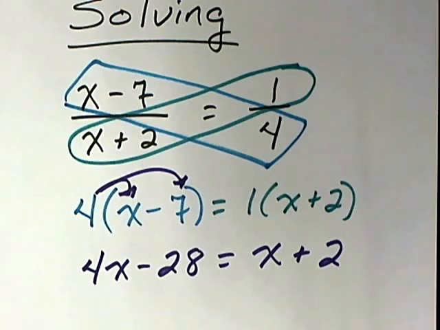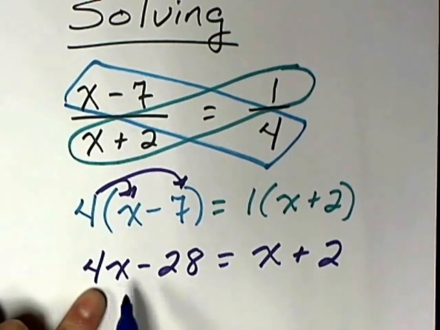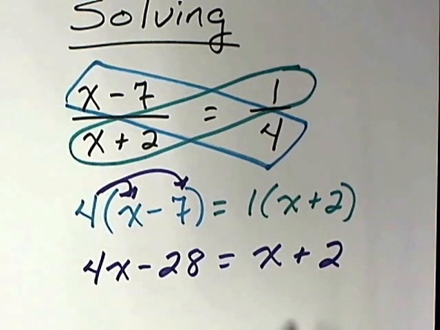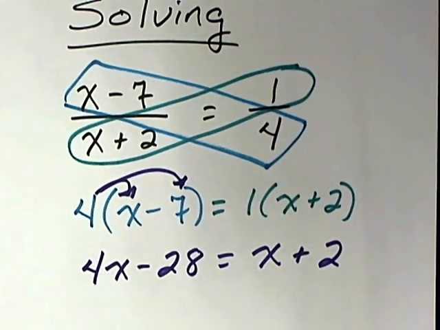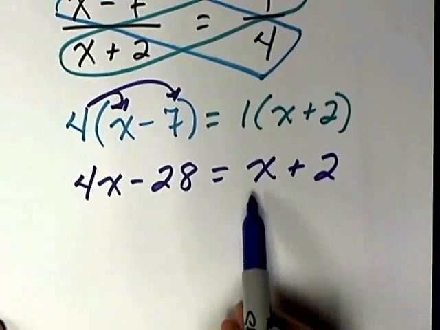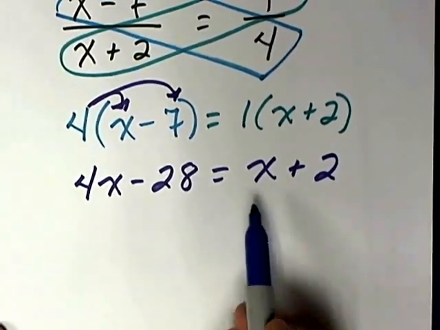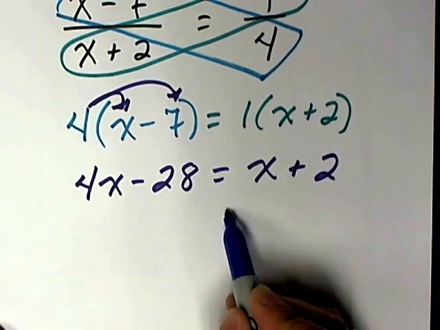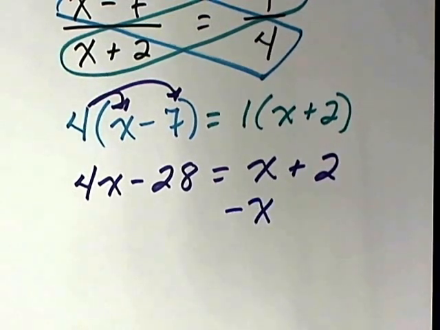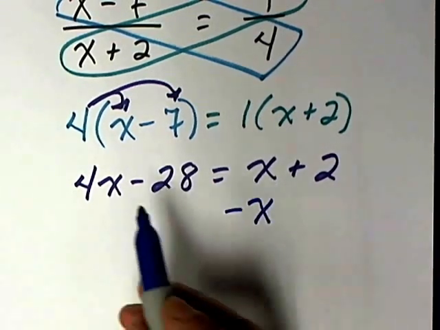The term with the variables I always move first, because I want to make sure that I keep that positive. I have 4 x's over here and only 1 x over on this side. So I'm going to take the smaller amount of x's and bring it to the side with the larger number of x's. It's a positive x as there's no sign in front of it, so to move that term, we always add or subtract, doing the opposite. x minus x is 0, which is what we were looking for, to get rid of it.